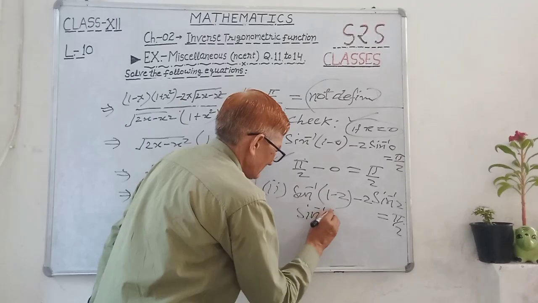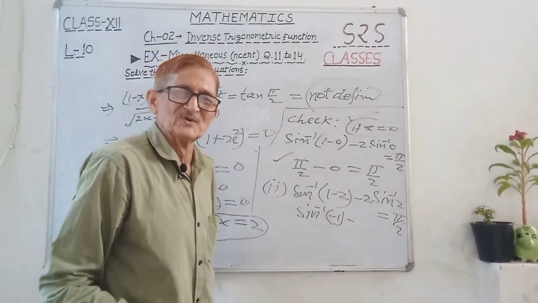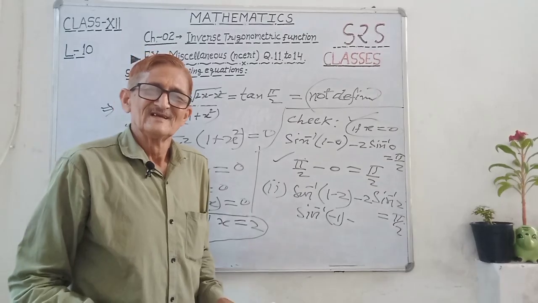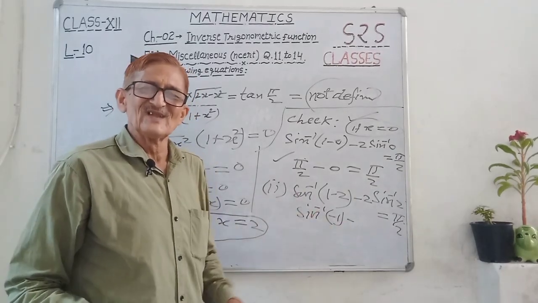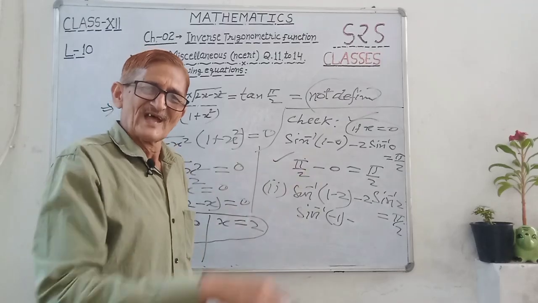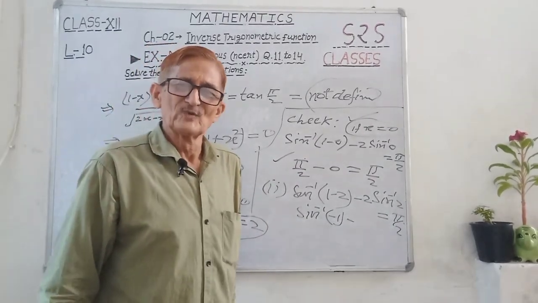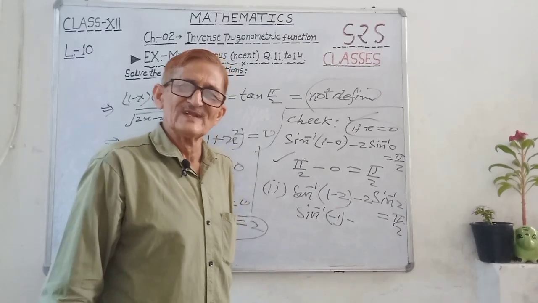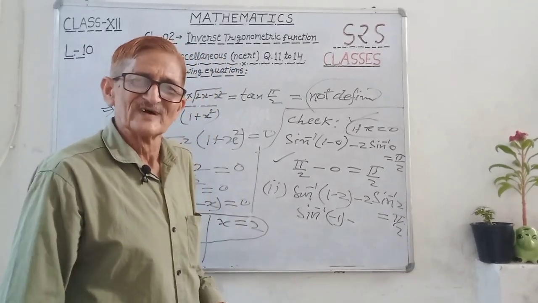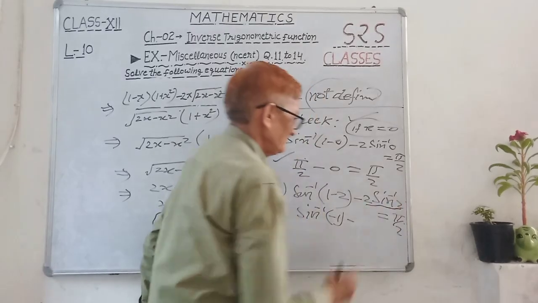Sin inverse minus 1 minus 2 sin inverse 2. Let it be A, then sin A is 2. What is the angle? Output only between 1 and minus 1, so this is not possible.